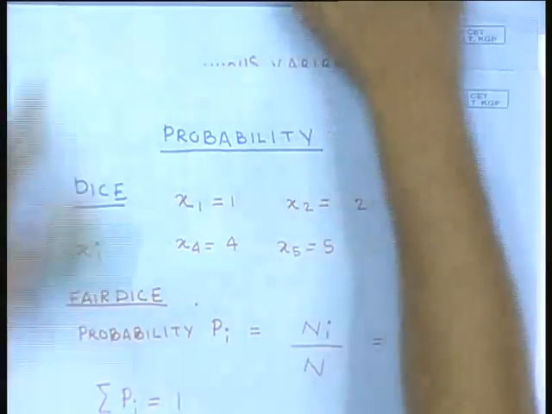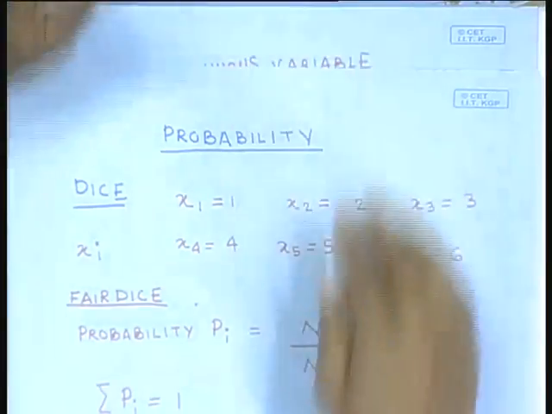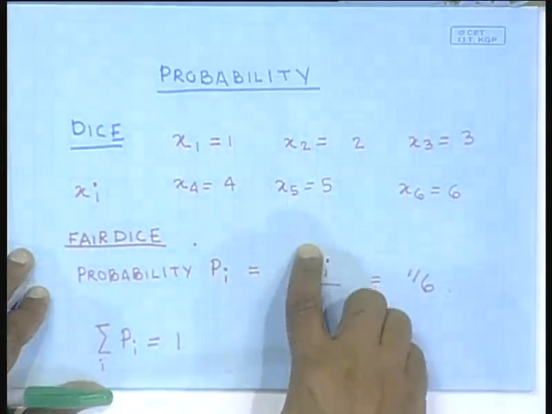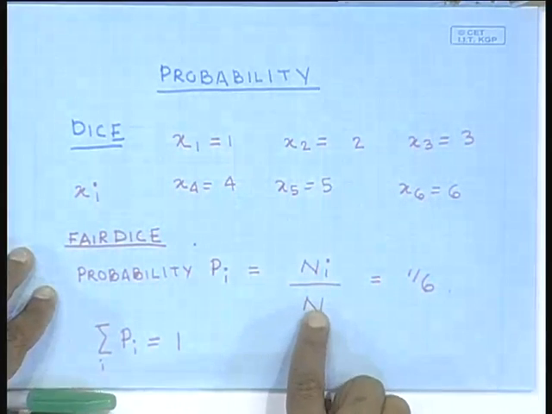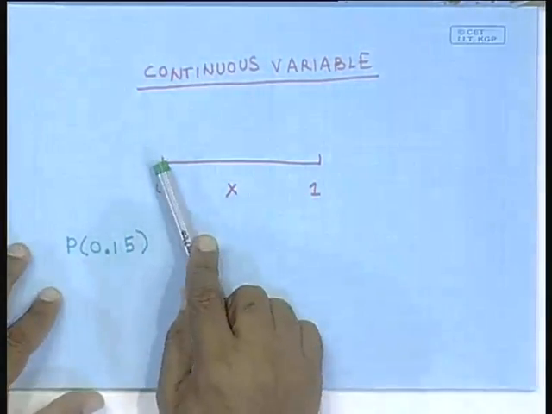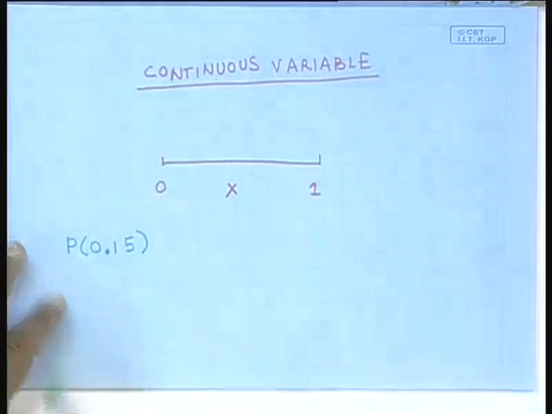So, what we have to do is determine the total number of possible outcomes, the total number of successful outcomes, and divide that by the total number of possible outcomes.